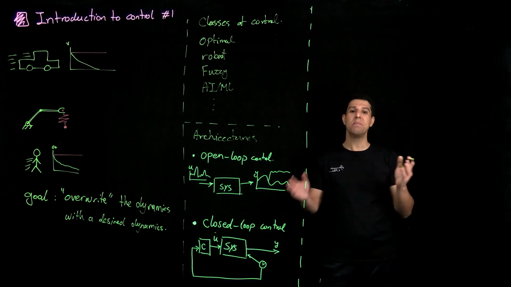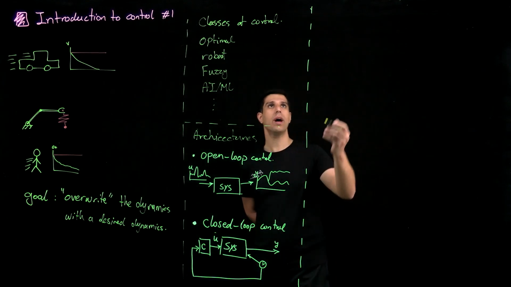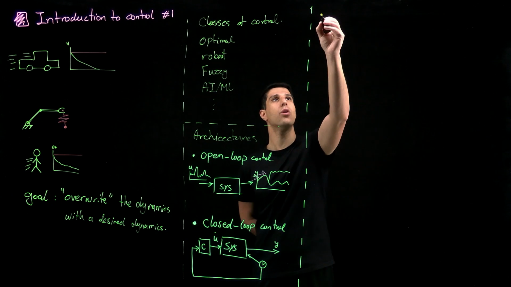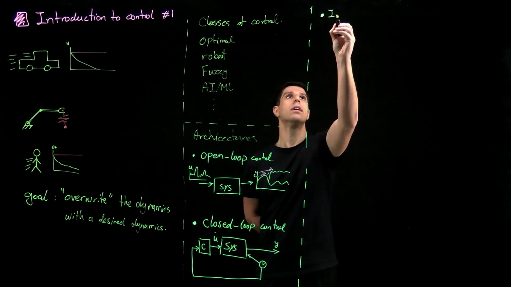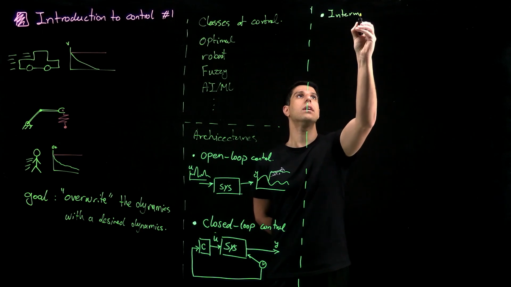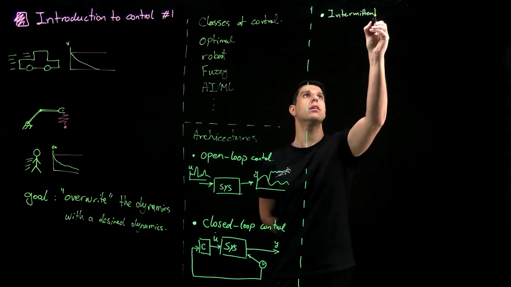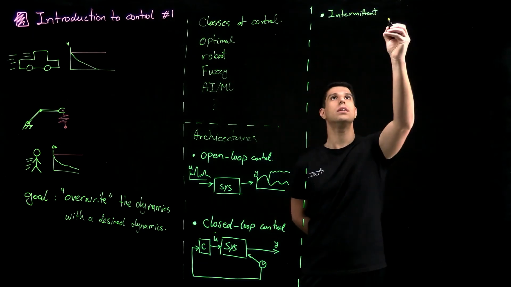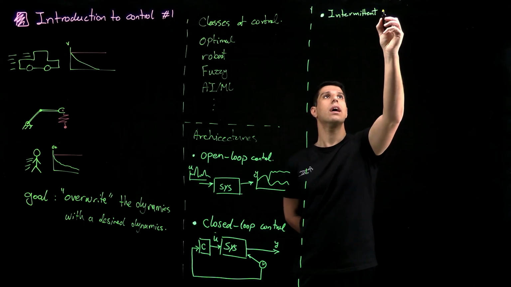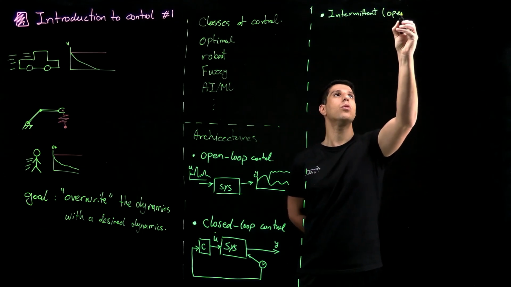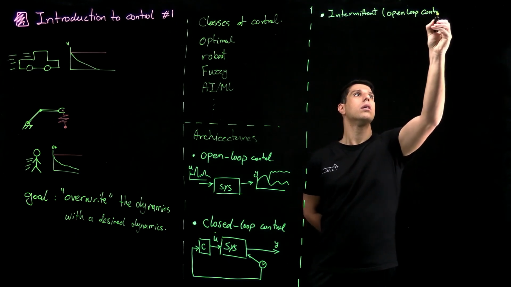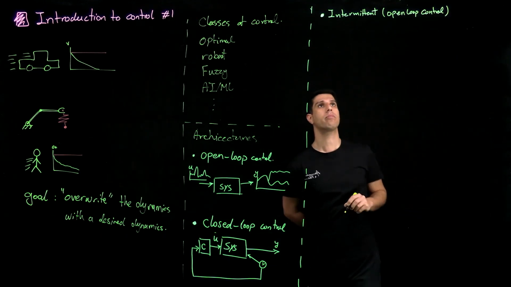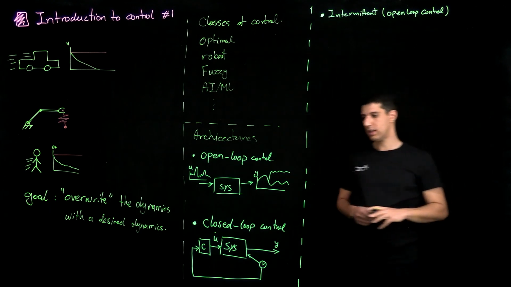There is a little bit of trade-off and an intermediate kind of control. It has a specific name, but I'm going to call it intermittent, and often open loop control. So examples of this.